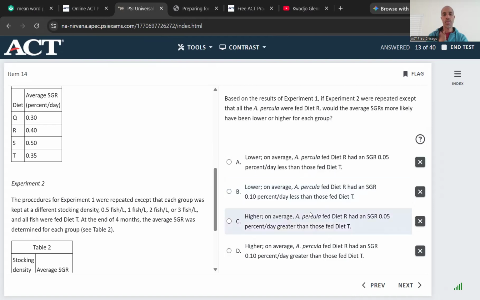It wasn't 0.10 less. On average, A per cooler fed diet R had an average SGR 0.05 greater than those fed diet T, right? The SGR for R is 0.40, that's 0.05 greater than the one fed T. It wasn't 0.10, right? Because from 0.40 to 0.35 is 0.05.